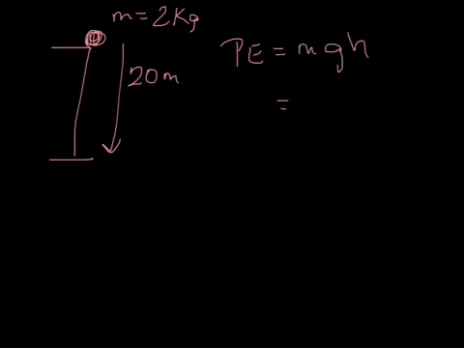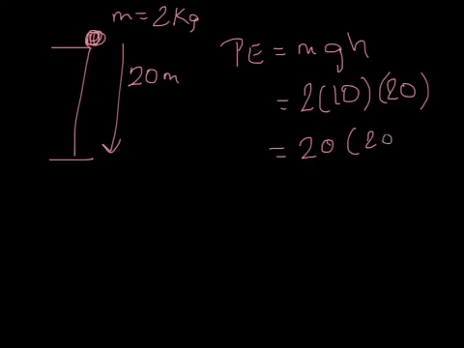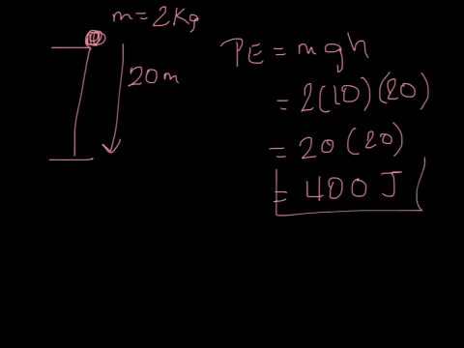So that is 2 times 10 times 20, which is 2 times 10 is 20 times 20. So that gives us 400 joules of potential energy. So it has 400 joules of energy stored in it.